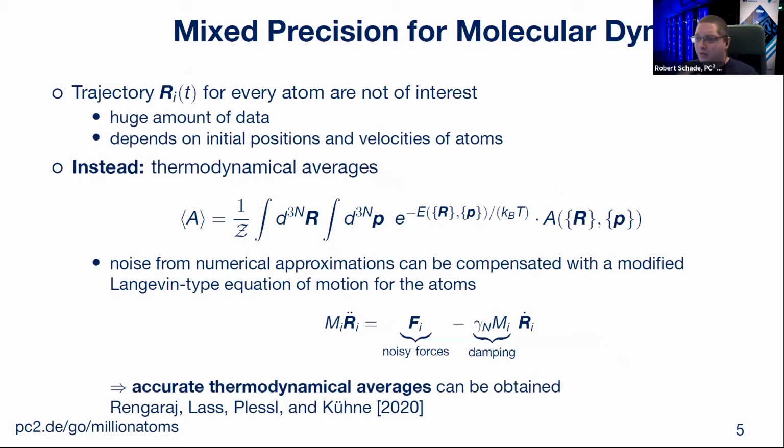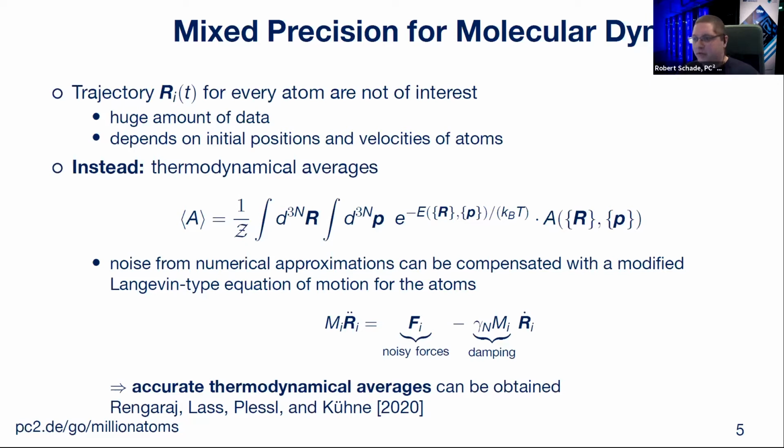From the chemical physical point of view, we obviously have to think about whether mixed precision is good enough for our calculations. In that sense, we have to think about what is the actual insight that we want to gain. And here you have to know that even though we're doing molecular dynamics, it's actually not the individual trajectory of every atom in this large virus or solid or surface that's of interest, because that would be a huge amount of data.